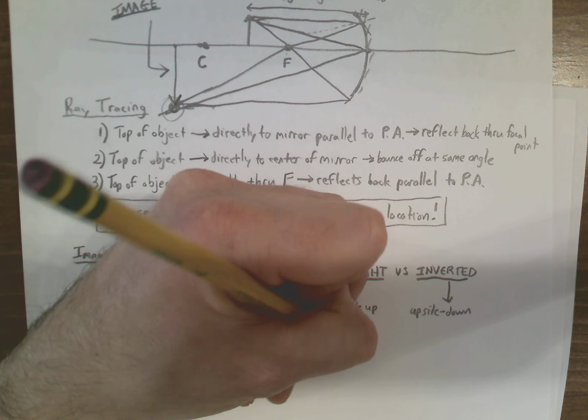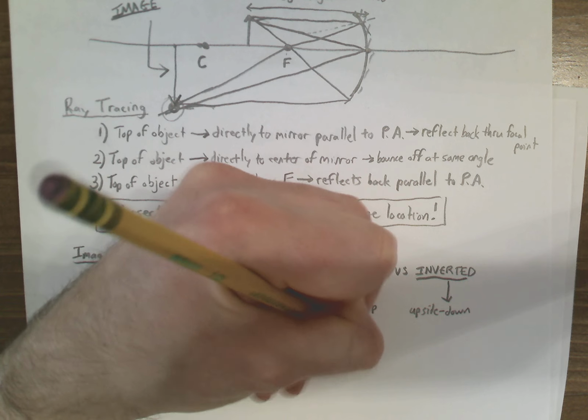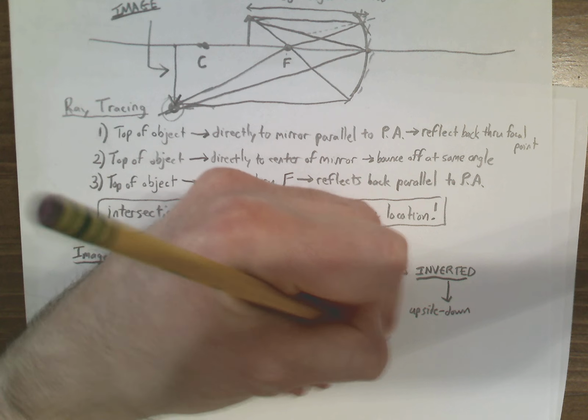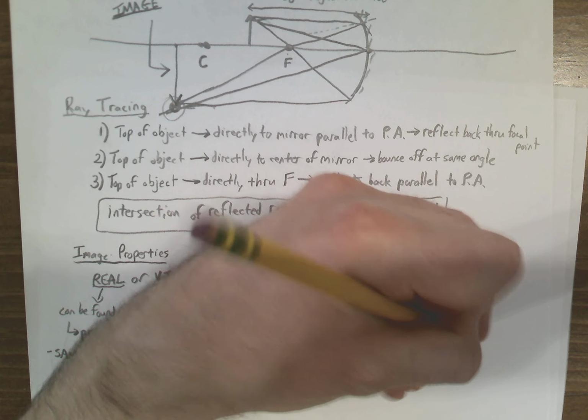The last question you want to ask is about the size of your image. Is your image magnified from the size of the original object, or is it diminished? Is it reduced in size? So we have magnified, bigger, versus reduced.